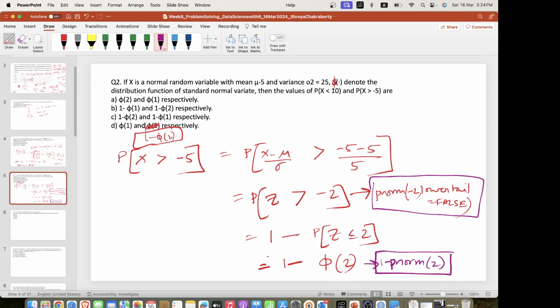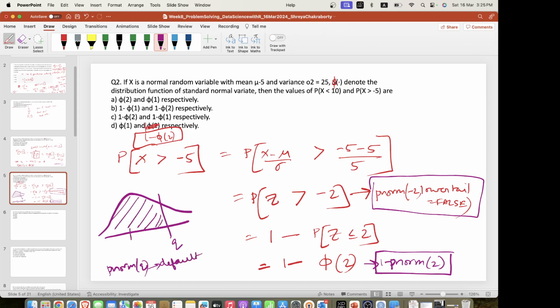So whenever you have this distribution, let's say this is your Q, pnorm Q by default is going to give you this area, the area below Q. So if you want to find probability something greater than Q, you either have to do 1 minus pnorm, because by default this is the case, or you have to specifically mention lower.tail equal to FALSE.